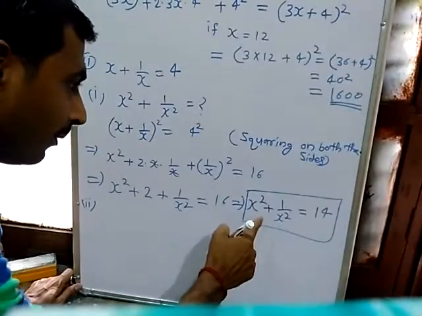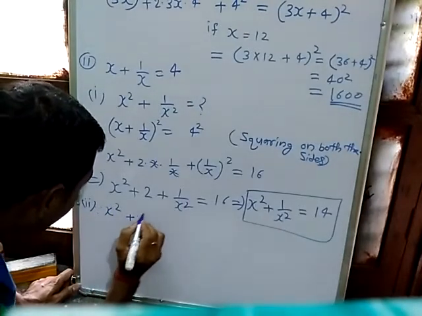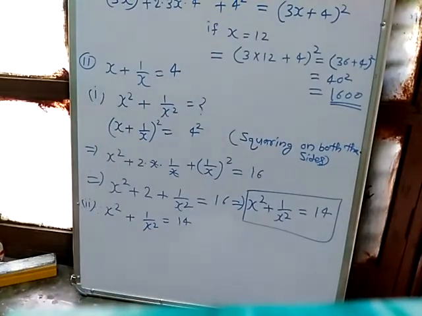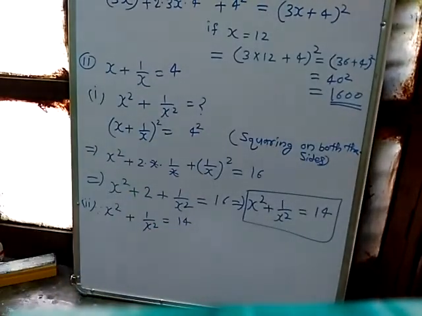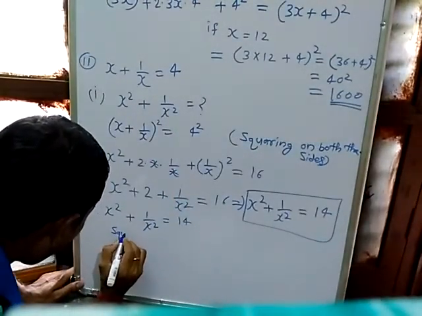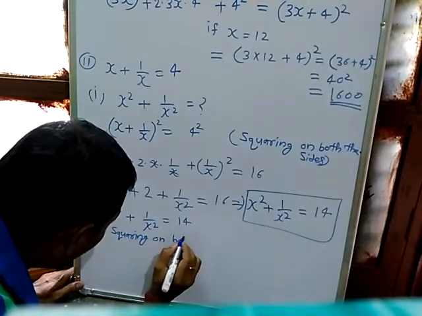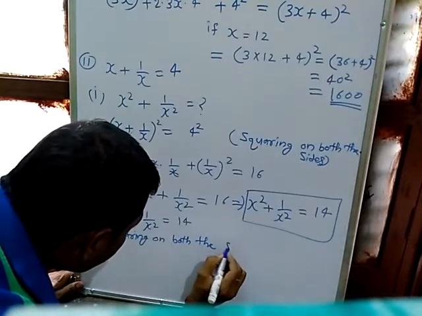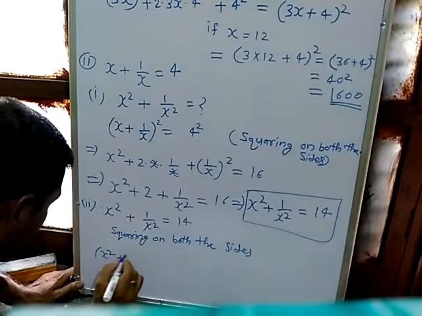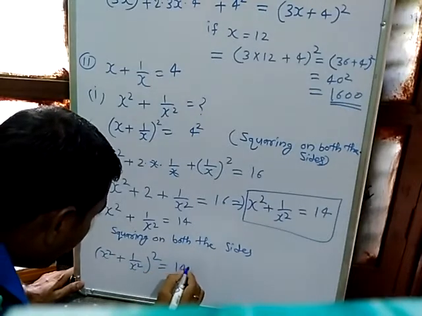For that, square this part, since we got x square plus 1 upon x square is equal to 14. Look, what value do we need? x to the power 4 we get when you square this. So squaring on both sides again, squaring on both the sides, correct? So look, what we will get: (x square plus 1 upon x square) whole square is equal to 14 square.